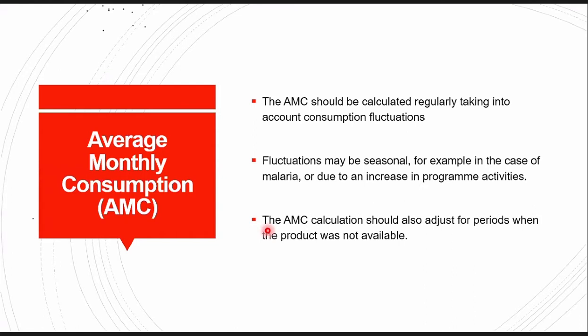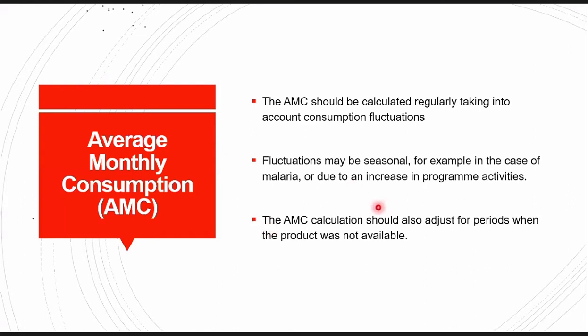Similarly, if you look at malaria, there will be a spike in consumption in the rainy season. So you cannot say the AMC you used for Coartem in June will be the same in December. You have to consider all these confounding factors that will help you understand your consumption.